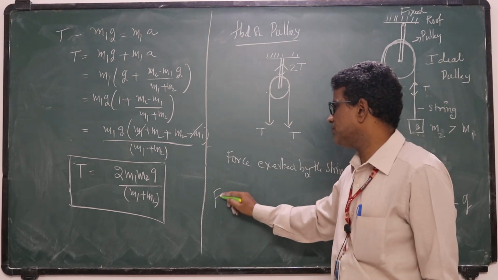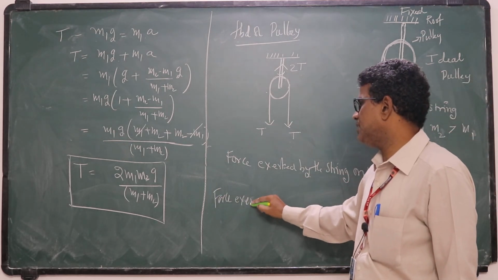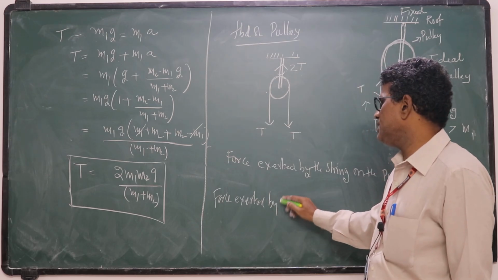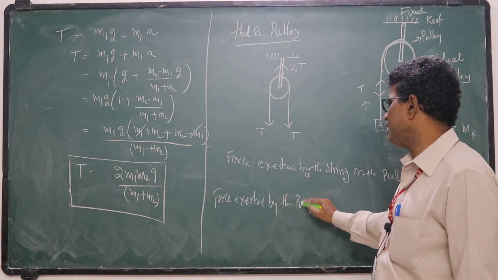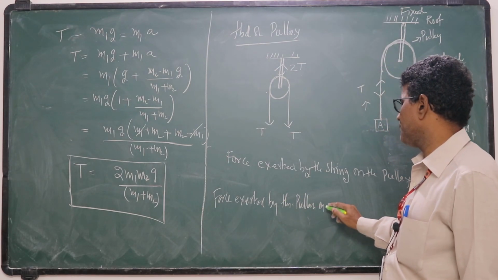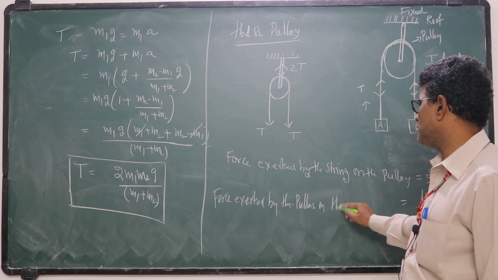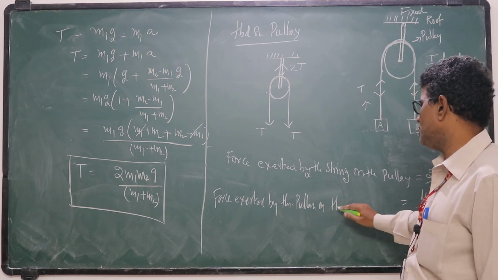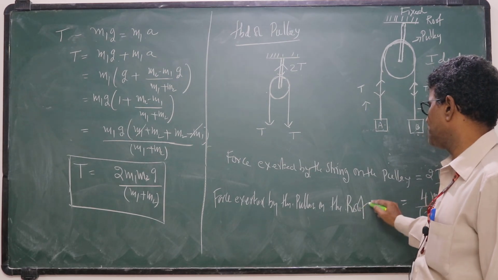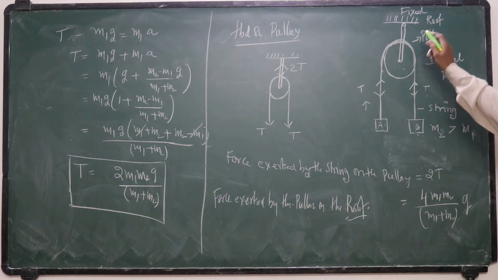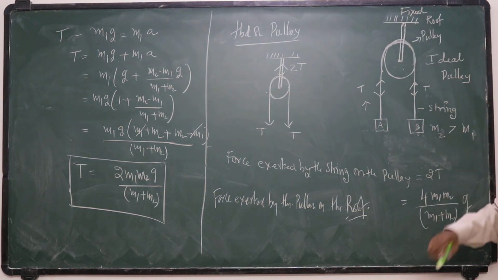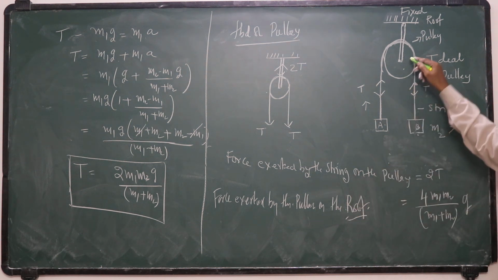I want force exerted by the pulley on this support, on the roof, because the pulley is attached to the roof. I want force exerted by the pulley on the roof.